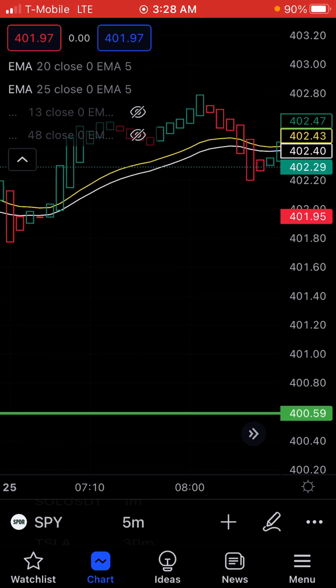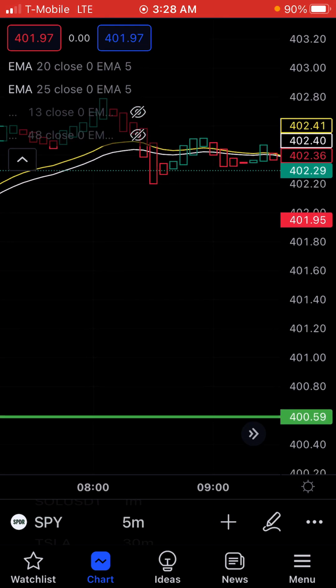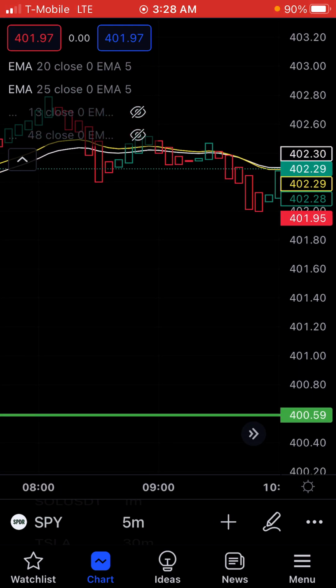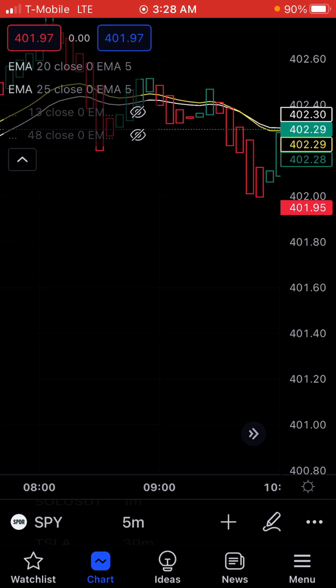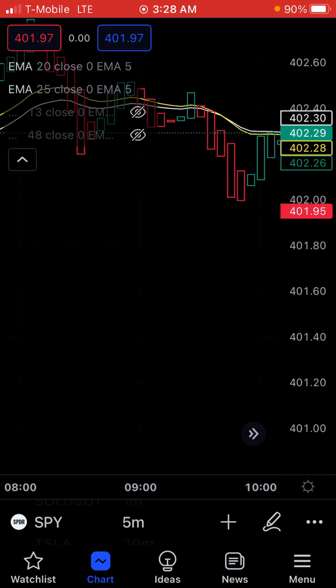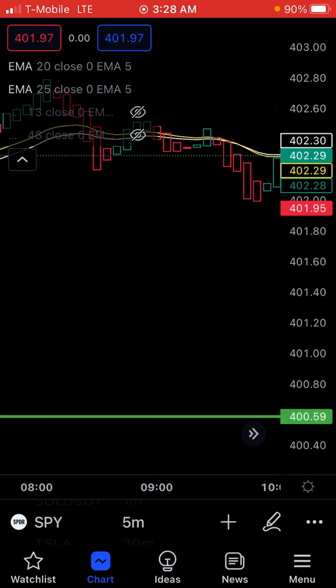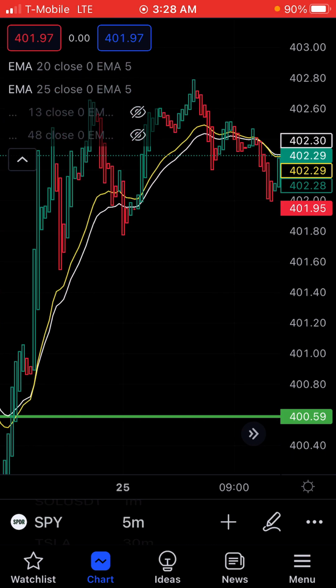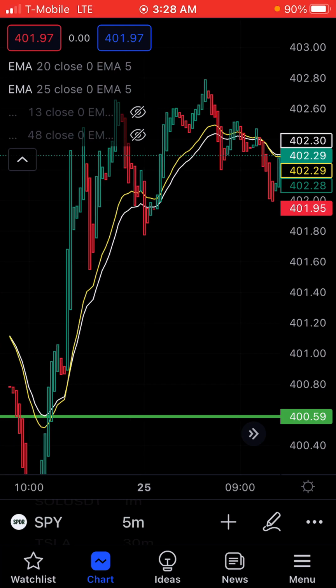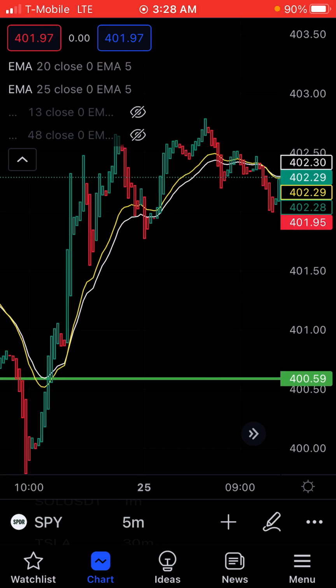That's how you know when you get out. See what happens right here? The 20 and the 25 touch right here, and what happens? It starts going down. So that is when you get out. I want to see how much gains that was. So if I did this, it's like from here to here.